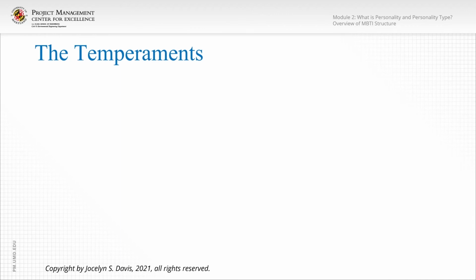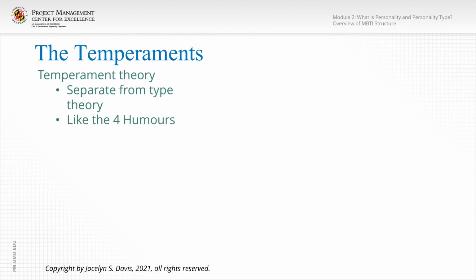The shorthand is called the temperaments, and we're going to use this when we get to type watching later on in the course. Temperament theory is separate from type theory, but very similar. It is, however, very much like the 4 humors that the Greeks used in describing personality those many years ago.